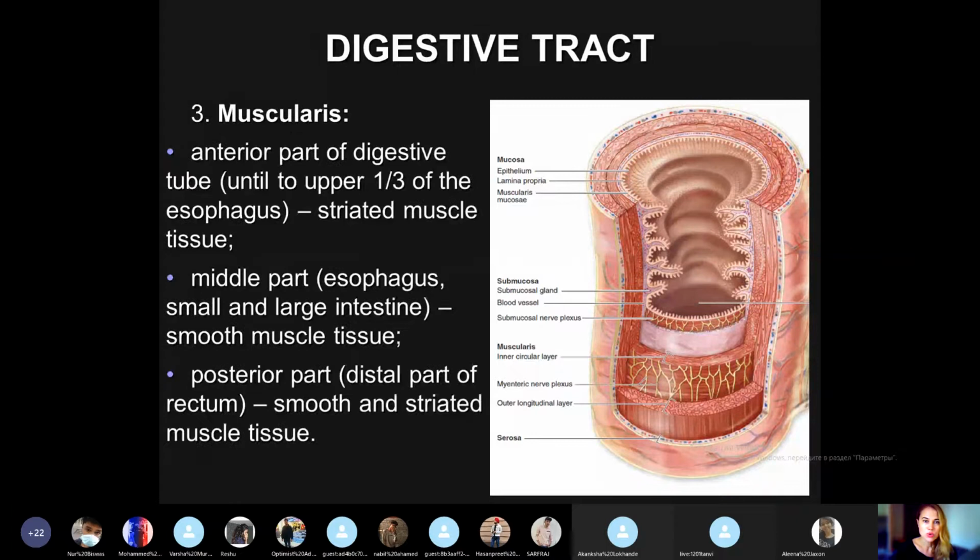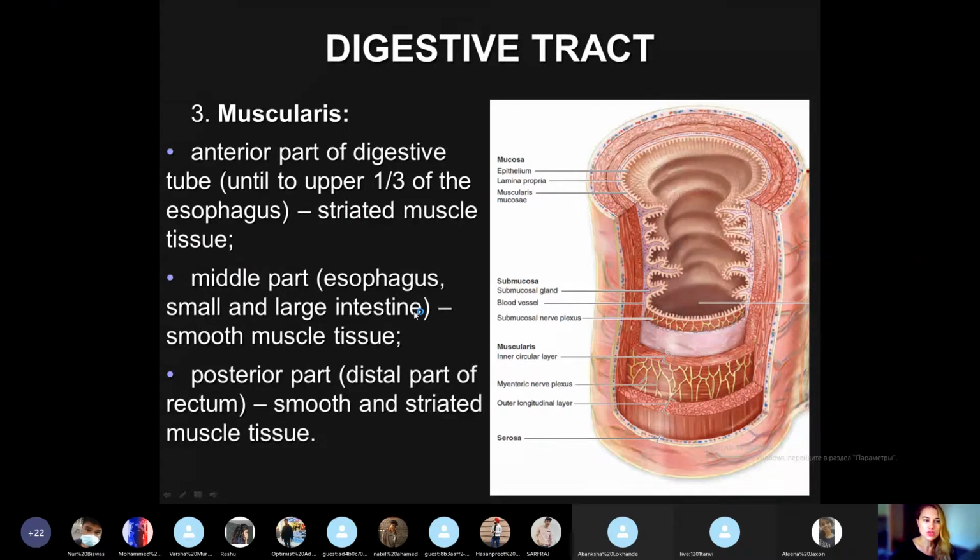So now we are going to go to the next layer, the next tunic. It's tunica muscularis. Tunica muscularis in different organs of the digestive tract is represented by different types of tissues. The anterior part of the digestive tube, as you can see here, until the upper third of the esophagus, is represented by striated, or skeletal, muscle tissue.